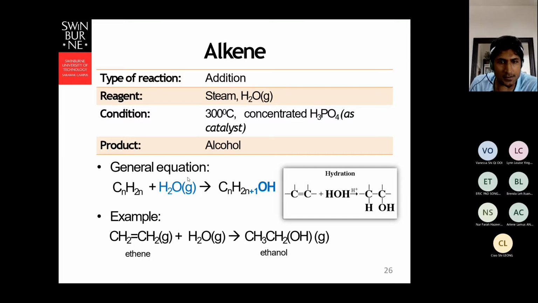All right. So now alkene, when it is reacting with water, meaning water gas, of course, water vapor. So alkene, which has a double bond, right?